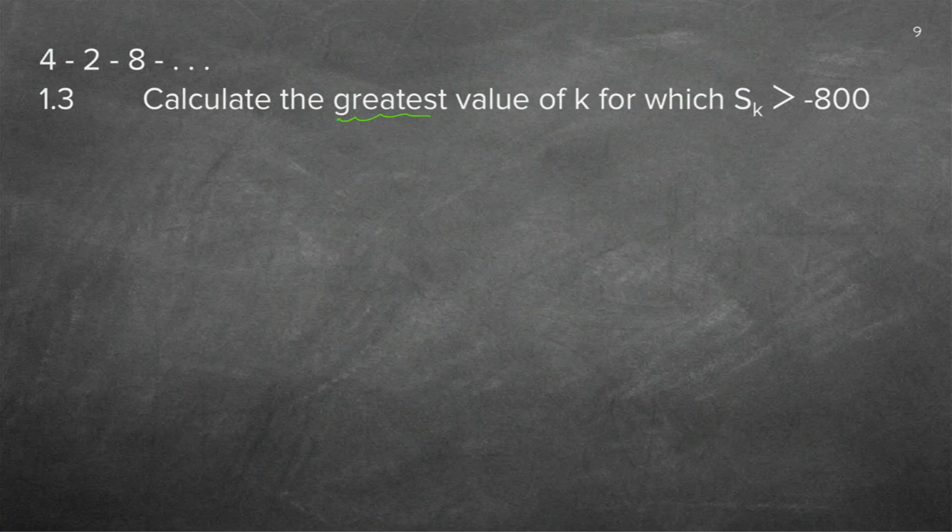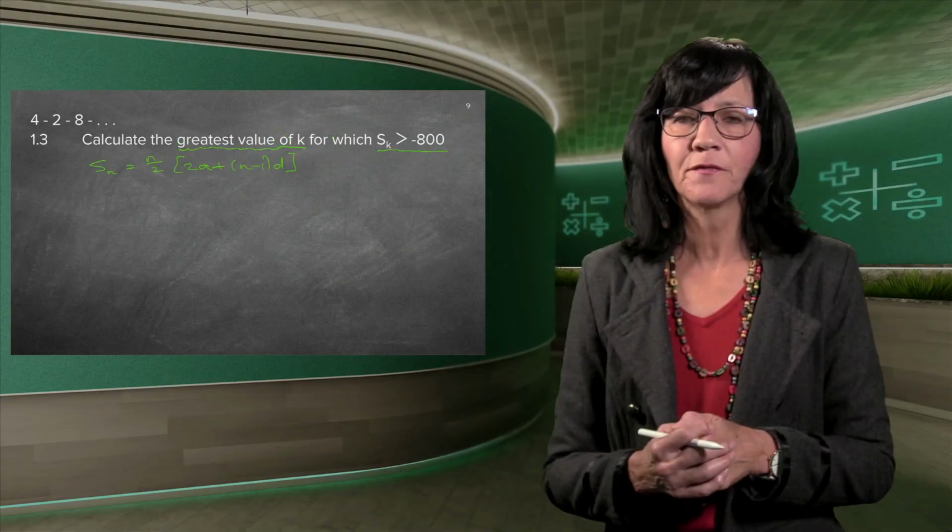Calculate the greatest value of k for which Sk is greater than minus 800. Now remember, Sn is equal to n over 2 times (2a plus (n minus 1)d). That is my formula. You remember? I actually did most of that already.